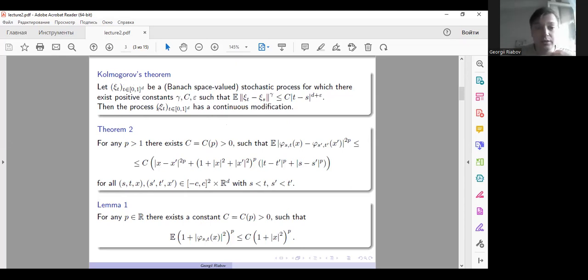Once we can find positive constants gamma, c, and epsilon, such that the expectation of the increment of the process to the power gamma is bounded by the constant times the increment of arguments t and s to the power d plus epsilon, then the process has a continuous modification.